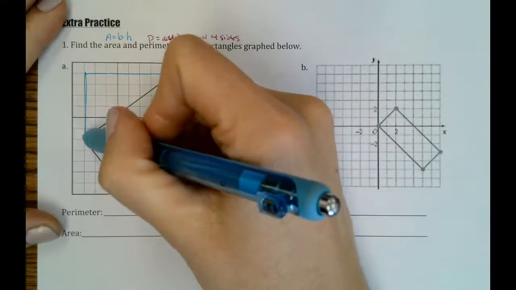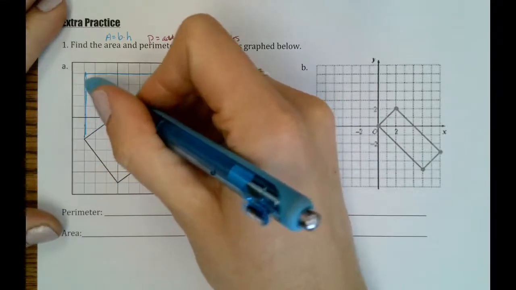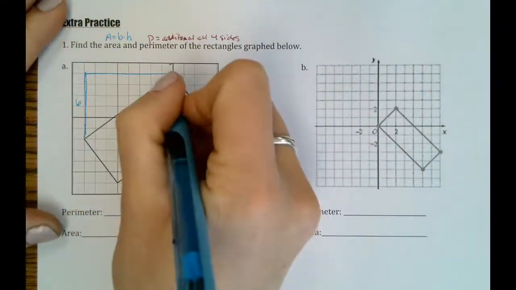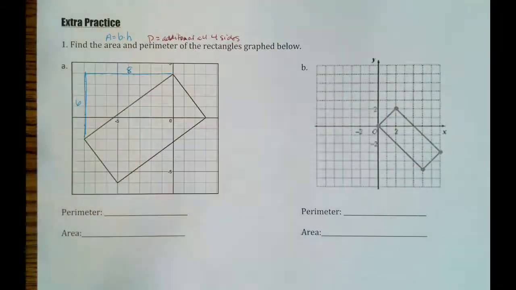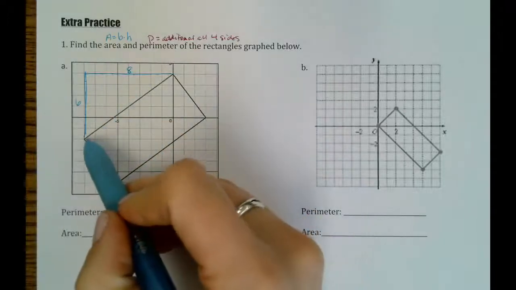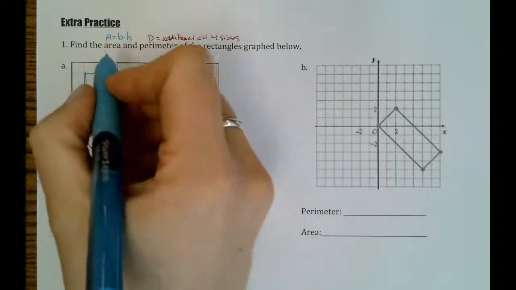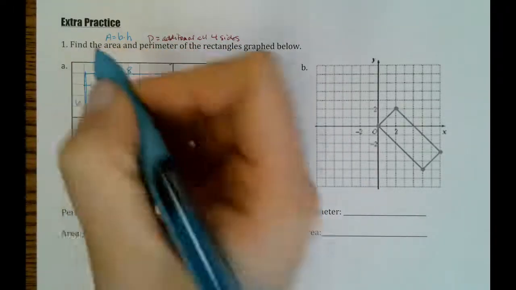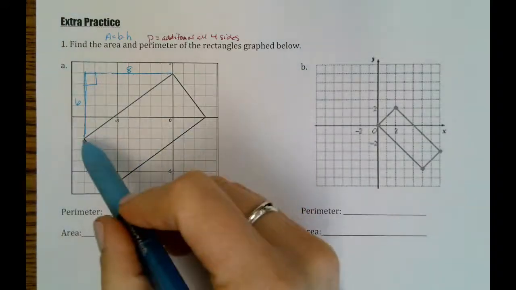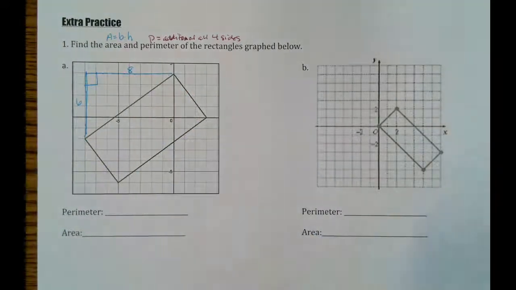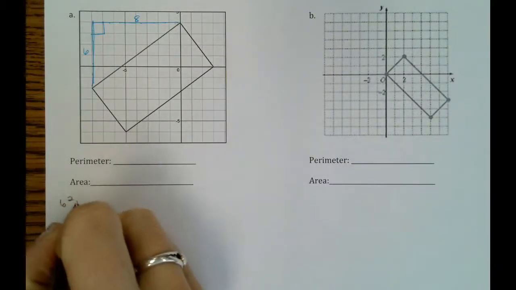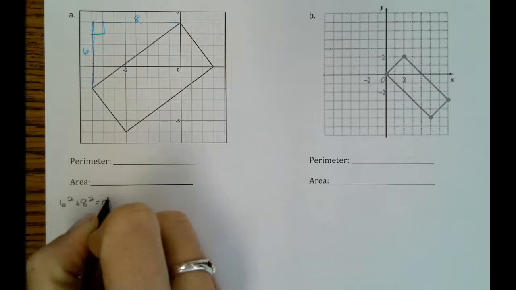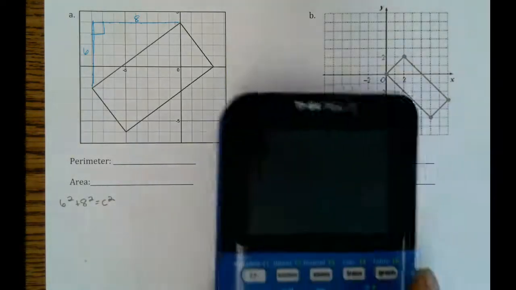Okay, so for this one we have 1, 2, 3, 4, 5, 6, a side of 6, and a side of 8. So to find this missing side, we know that we have a right triangle. So this is going to be our hypotenuse, or our C. So we'll do 6 squared plus 8 squared equals C squared.